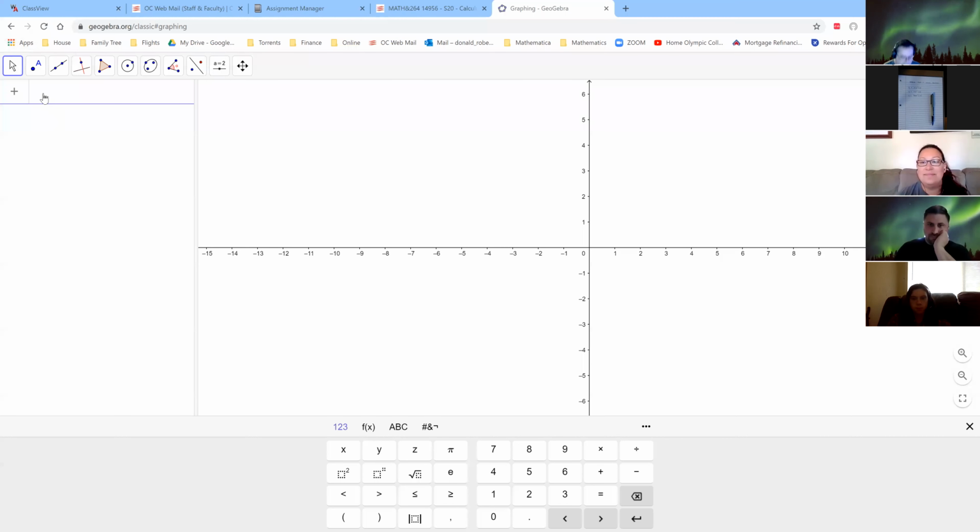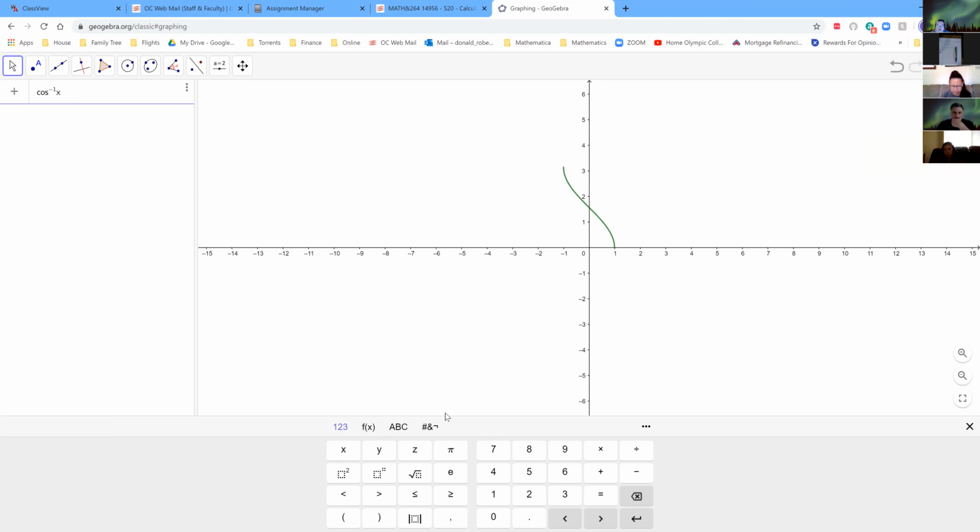Where is Desmos? Here we are. So if you go up here and you type in inverse cosine of x, that is a very small version of what that looks like.